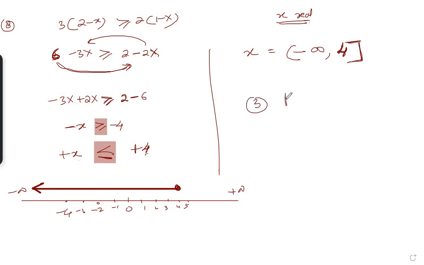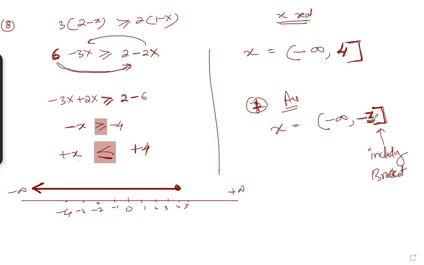In question number 3, the actual answer should be, guys, I'm really sorry for it. And question number 7, the actual answer should be minus infinity to minus 3, and minus 3 is included. Why? Because this is called an including bracket.